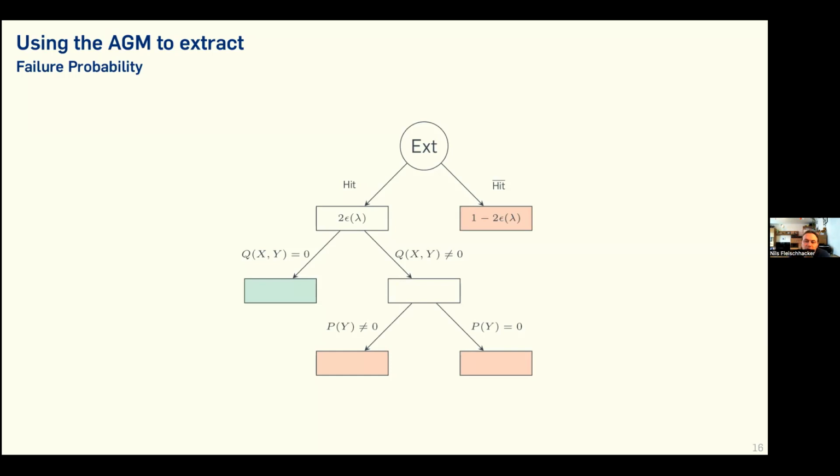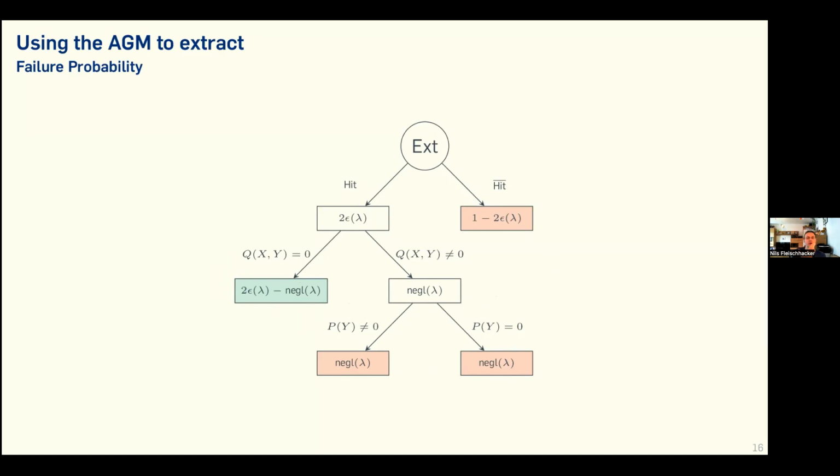So the probability that not hit occurs is 1 minus 2 epsilon. And we also argued now that one of these two cases occurs. Each of those is negligible because we could break the q-DLOG assumption if it were not. So that means that also the parent of these two leaves must have negligible probability of occurring, which then gives us that the probability that the extractor is successful is 2 epsilon minus something negligible.